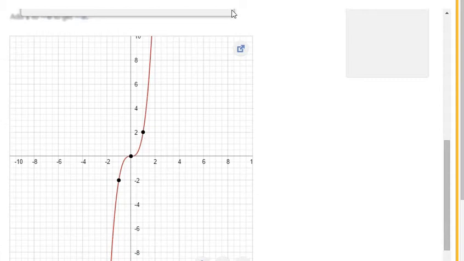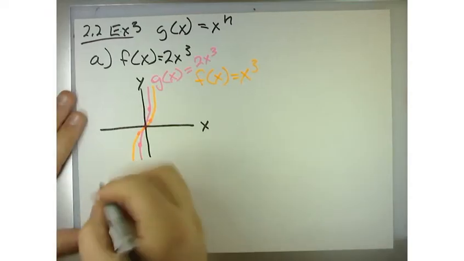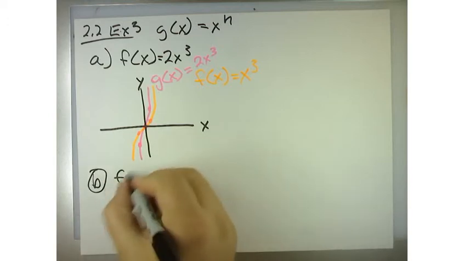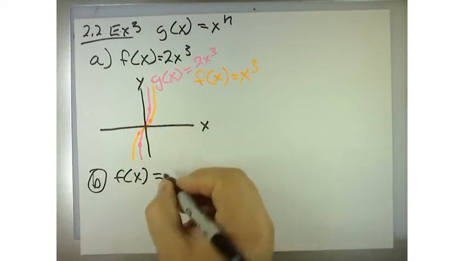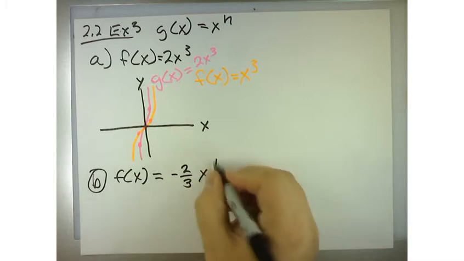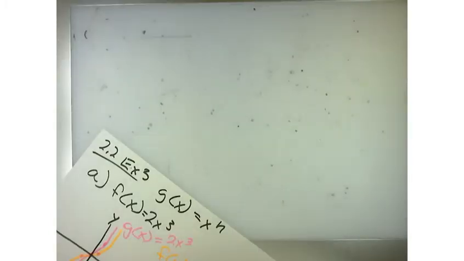Okay? So now let's go back and do part B because it gave us 2 equations, and we'll do part B on the graphing calculator. So part B wants us to do the same thing with f of x is equal to negative 2/3 x to the 4th. Alright, so what we need to do is think about the second graph. Actually, I'm just going to do a second sheet of paper on that.